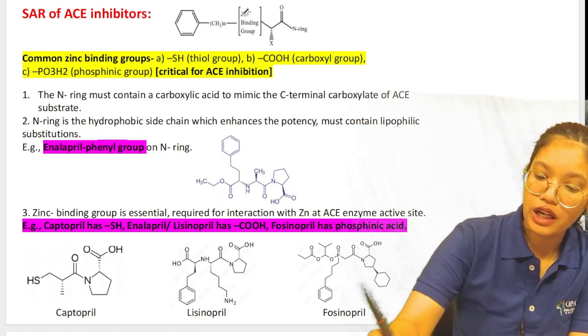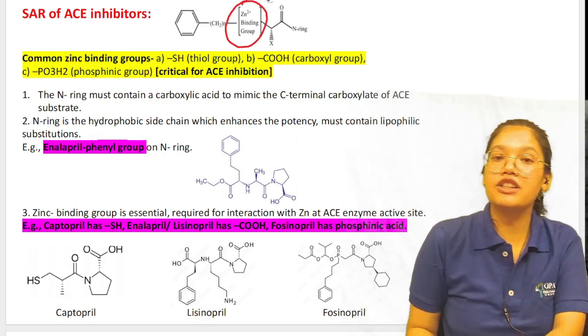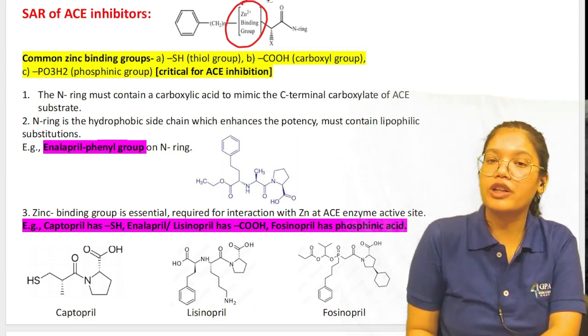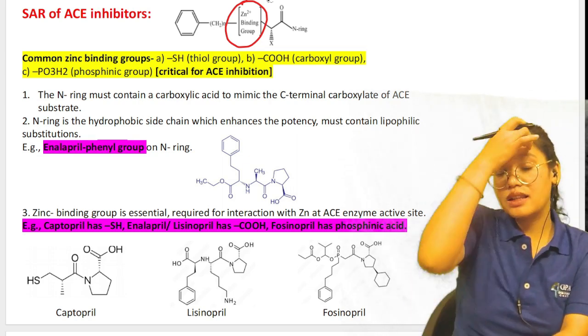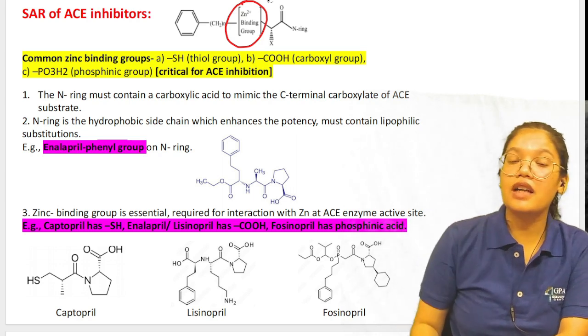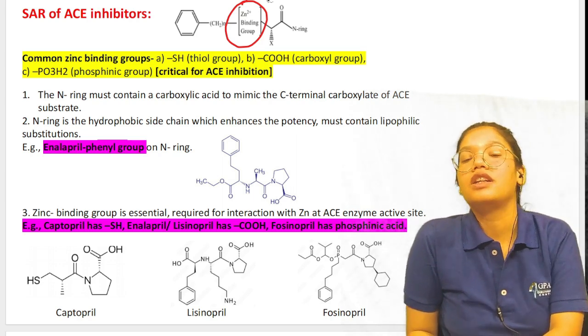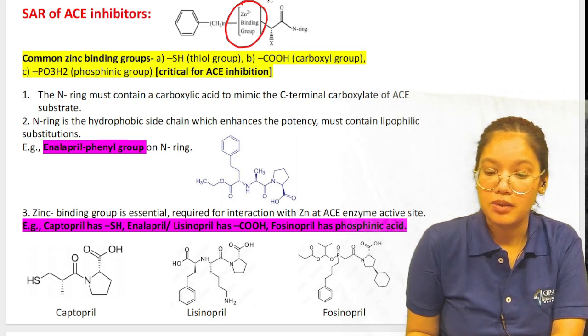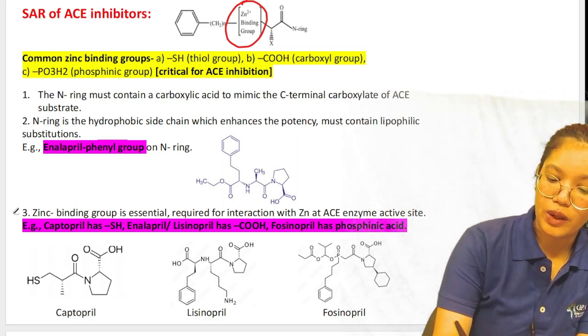Now the next we can talk about is the zinc binding group. What is the zinc binding group? This is also very essential for the activity, as this zinc binding group is present at the active site of the ACE enzyme. Due to that, it is very important.